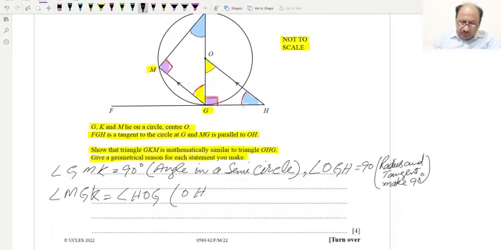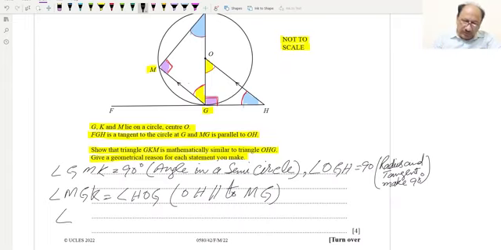OH is parallel to MG. Okay. And the third one we can write, two angles are similar, so third will also be similar.